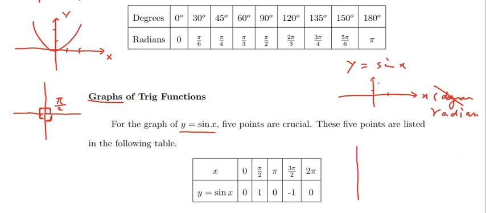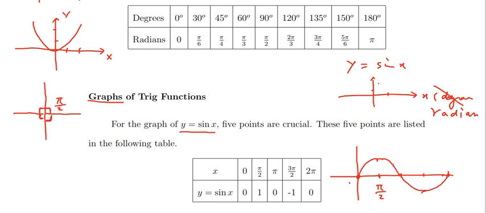So we say x here is 0, then pi over 2, then another pi over 2, another pi over 2, another pi over 2. So function values are 0, 1, 0, -1, 0. Then we connect those points, so we get a graph like this.